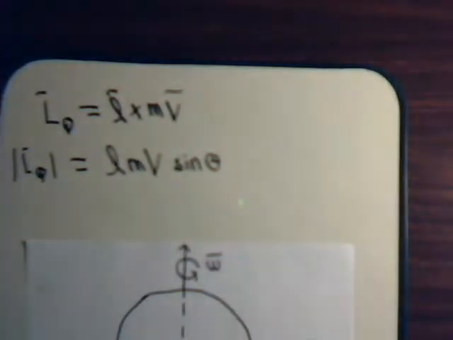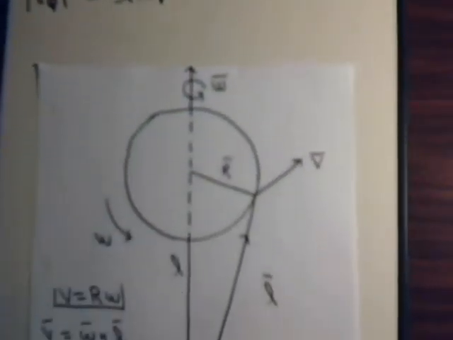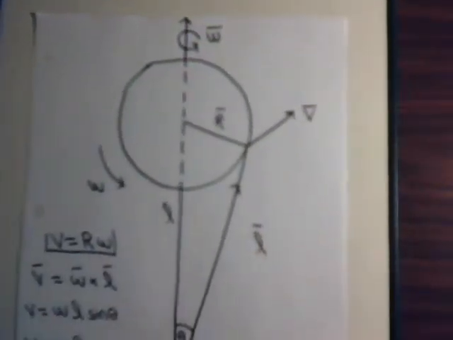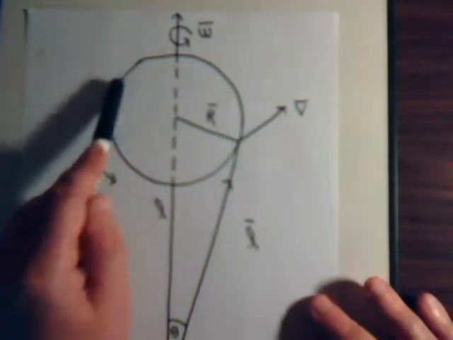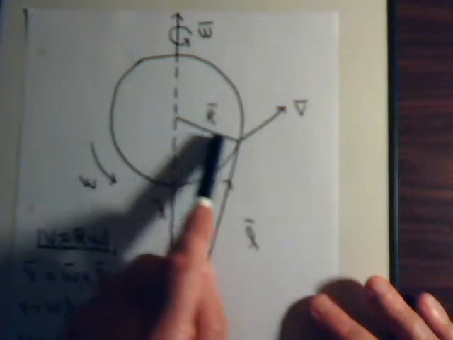So let's look at this system. Here we have sort of an upside down conical pendulum, where a particle is moving in a circle of radius r.